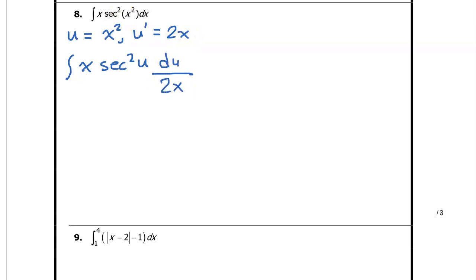And then we notice that we now have an x in the denominator and an x in the numerator. So these will cancel each other out. The 2 in the denominator will come out in the front of the integral as a 1/2. So now we have 1/2 times the integral of secant squared u du.